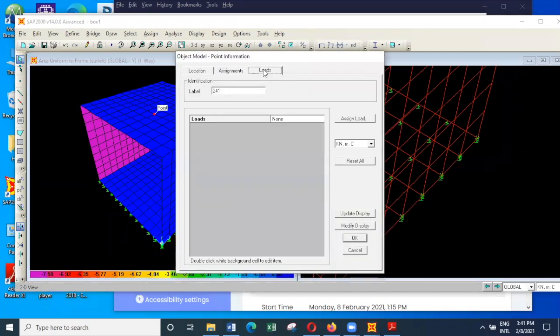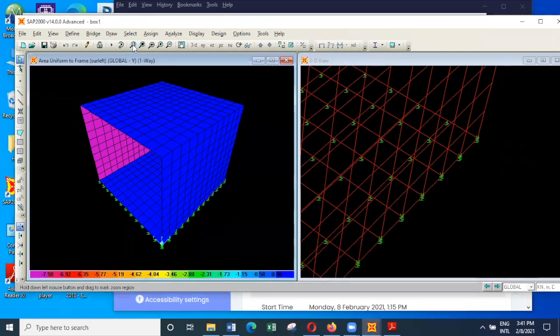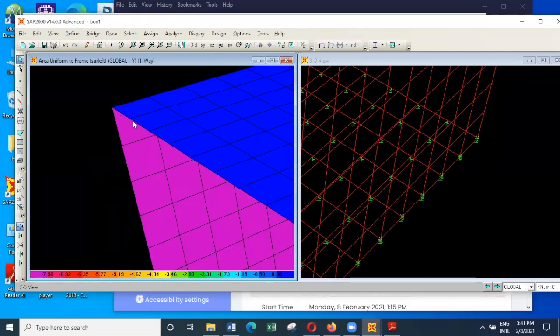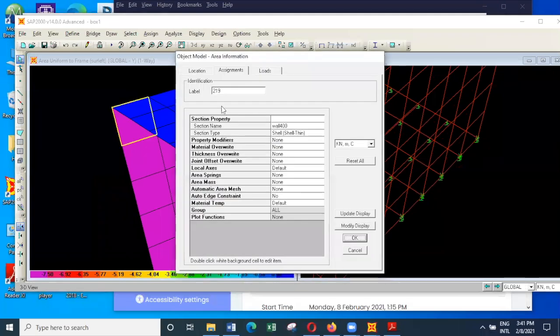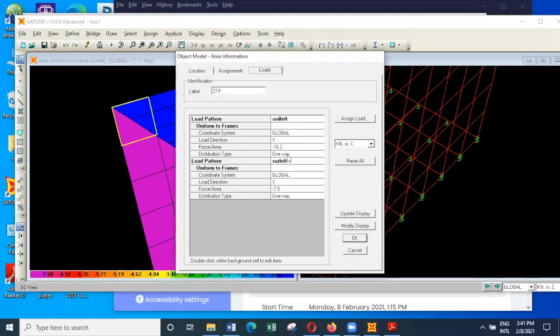And if you look at the loads, here you can see the surcharge is considered as 7.5 kilonewtons.